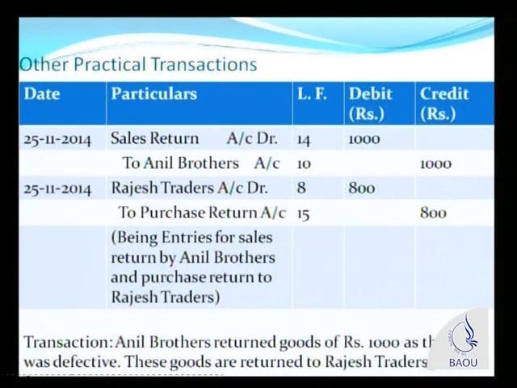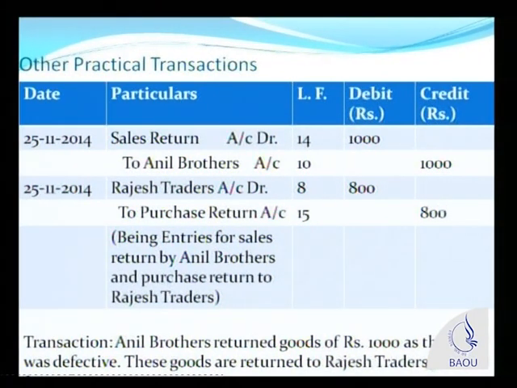When I get back goods from Anil Brothers, and if we have agreed that I will accept the return goods if they are defective, I need to give credit of rupees 1000 to my customer Anil Brothers because I had sold him goods for rupees 1000. But my cost of these goods was 800. So when I return it to my supplier, he will not give me credit of rupees 1000. He will give me credit of rupees 800 only because he had charged me 800 rupees for this very quantity of goods. So how will this transaction be recorded?